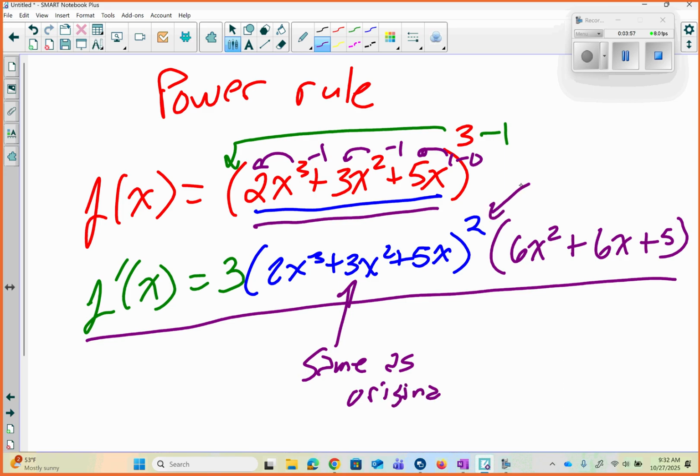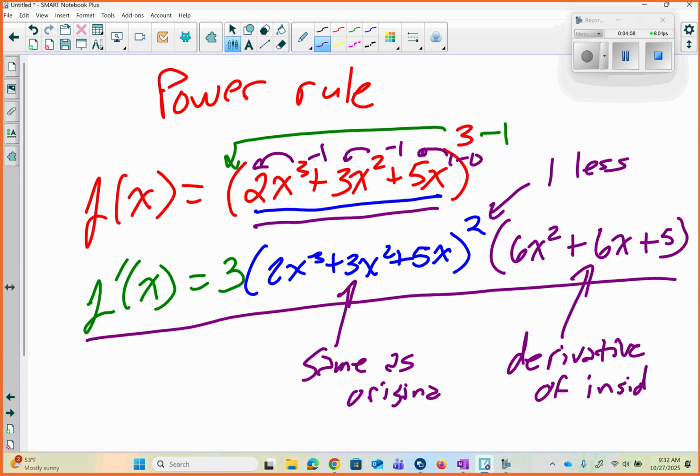This is 1 less than it was, and this was the derivative of the inside. Okay? Does that kind of make sense?